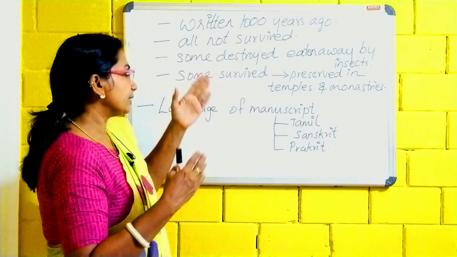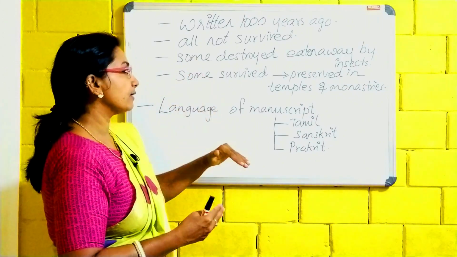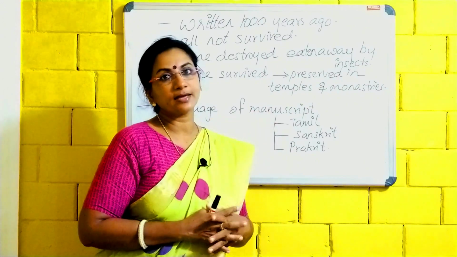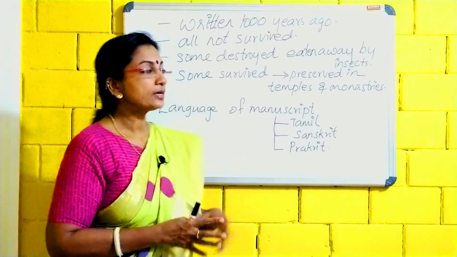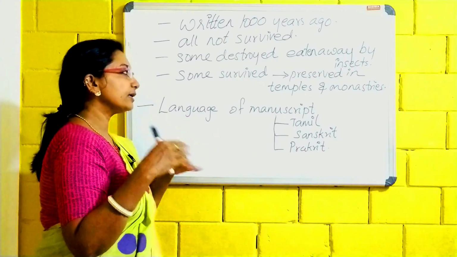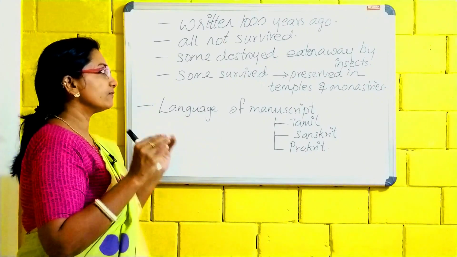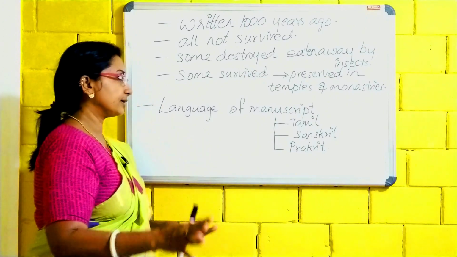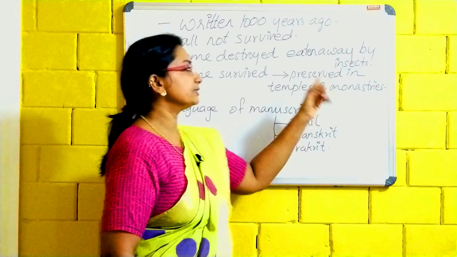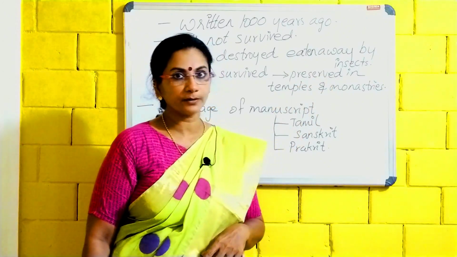The remaining ones survived. How did they survive? They were kept in temples and monasteries. Some were destroyed, eaten by insects, and some survived, preserved in temples and monasteries. Got the point?